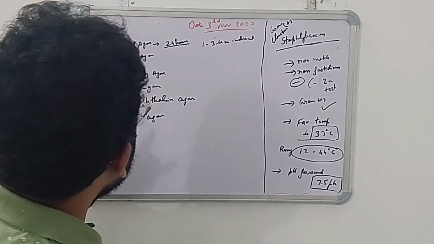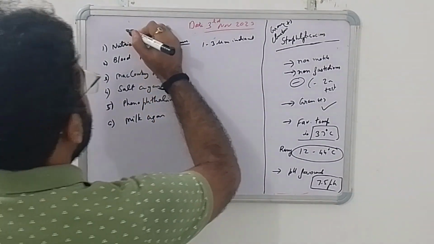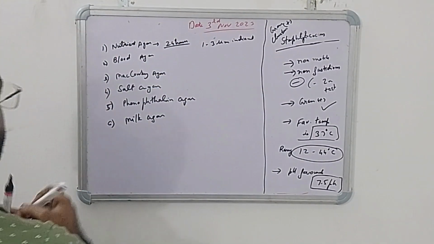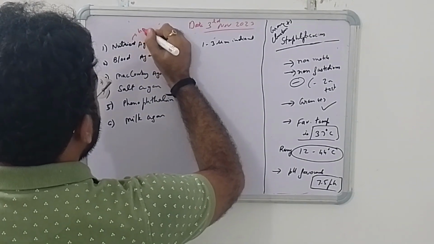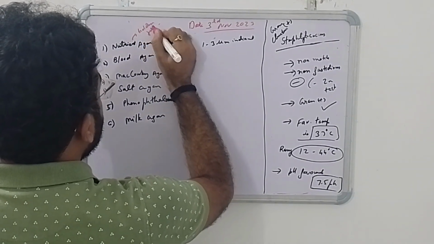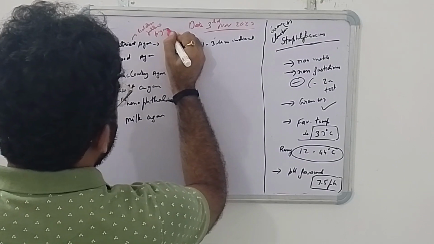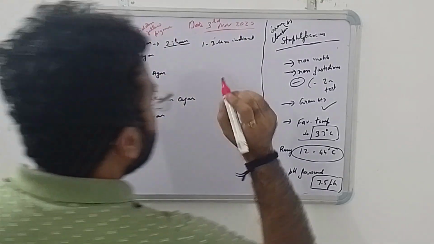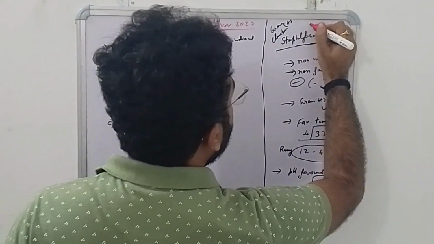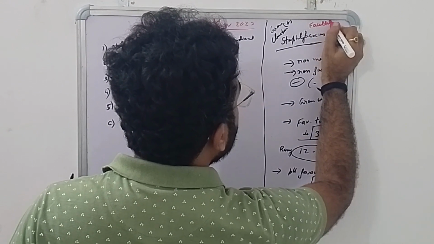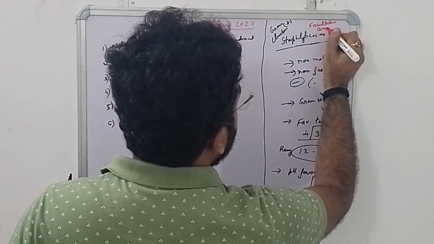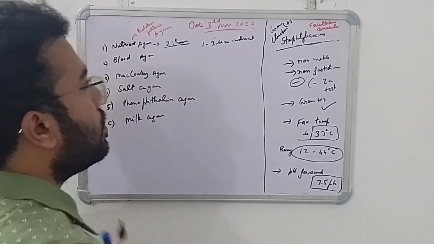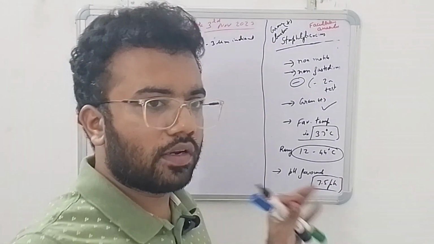So moving towards this golden yellow pigment in nutrition agar, yellow pigment, and also it is a facultative anaerobe, okay. We will discuss all the aerobe, anaerobe, facultative aerobe, anaerobe in a separate video.